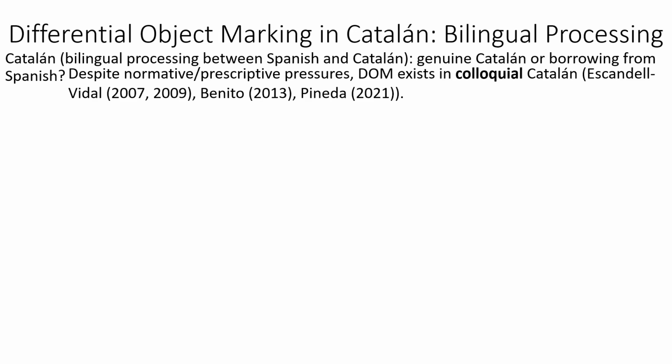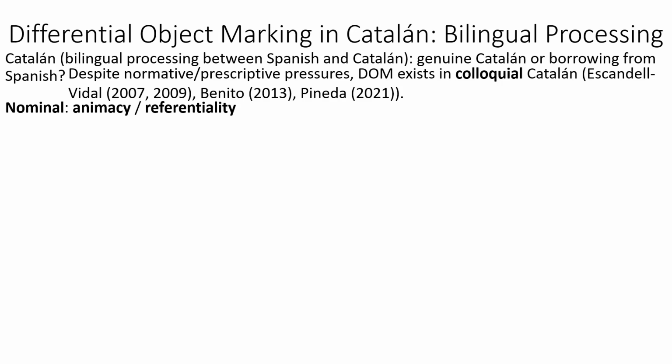But I think despite normative and formal pressures, DOM definitely exists in colloquial Catalan. Catalan speakers have told me that in informal everyday speech, they use DOM quite extensively. So DOM seems to be a genuine feature in colloquial Catalan.